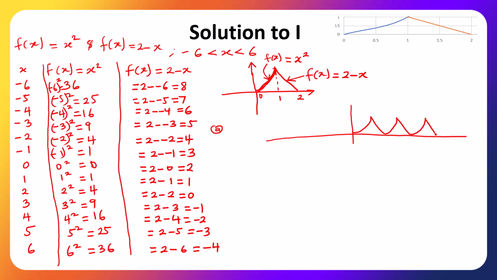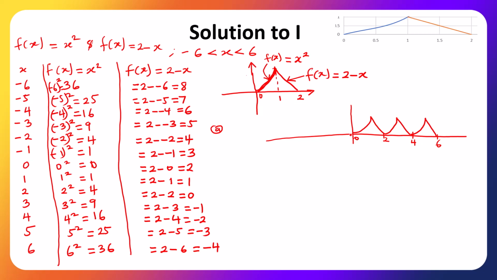So we know that this is 0 and this is 2. This point is 2, and this point is 4, and this point is 6.